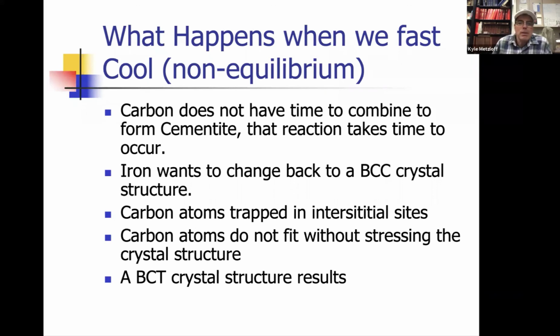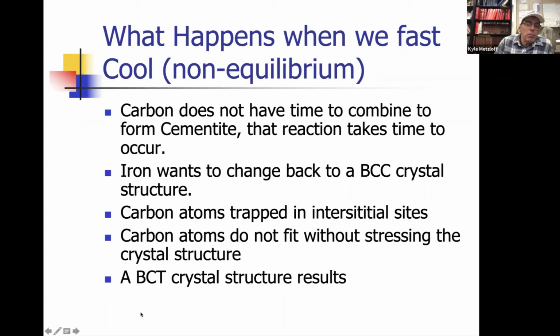Okay. So the carbon doesn't really have time to combine to form cementite. So what happens? It gets stuck there. It makes the body-centered cubic crystal stretched out, and now it becomes brittle because it prevents that slippage from occurring, which prevents ductility, right? So it stresses the structure out.